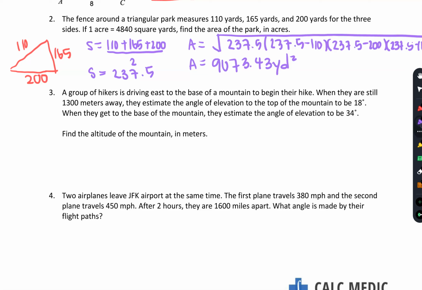So when I divide that by 4840, I get what? 1.87 acres, roughly. Good.